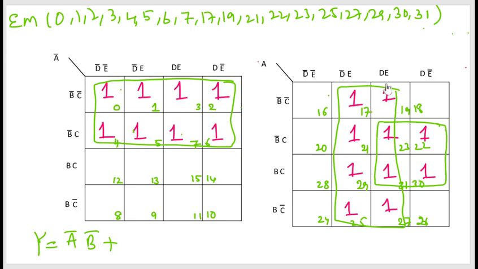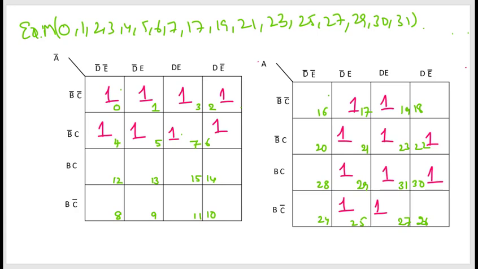So it is D bar E, DE, that means it is A times E. And if you take this as a quad, that means A times this quad is going to give B bar C and B C, that means B is eliminated, that means C. And along these two cells DE and DE bar, that means E gets eliminated. So this is the final SOP expression for the given 5 variable boolean function.